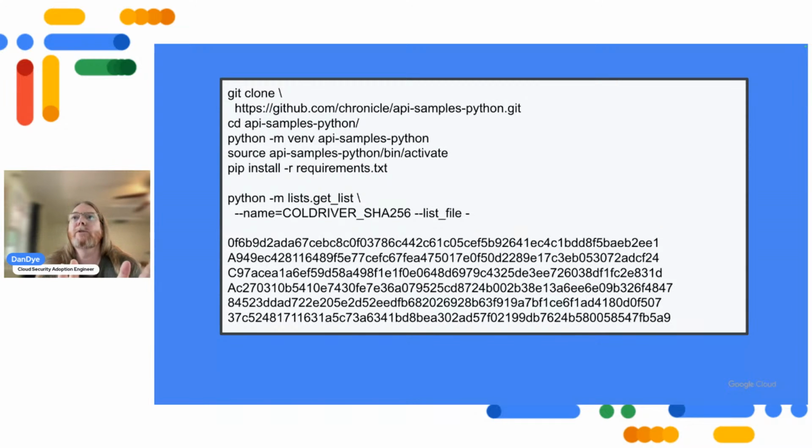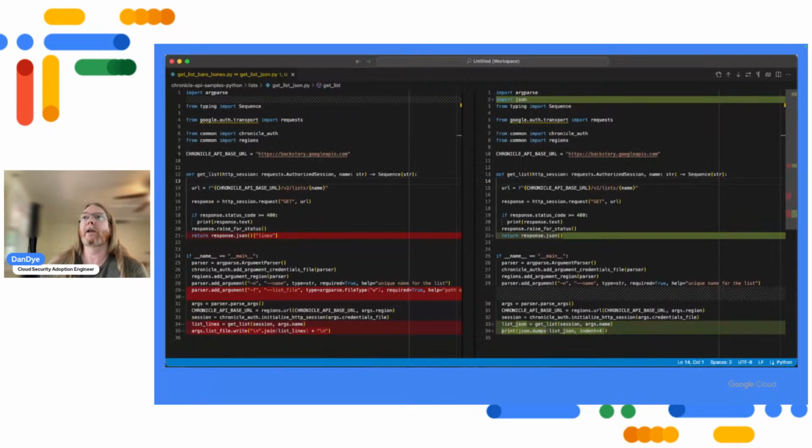Now, let's suppose your automation script also needs to get the description, the last modification time, or something other than the contents. To do that, you could make a copy of getlist.py and make some small changes to suit your needs. And that is what I have done here.